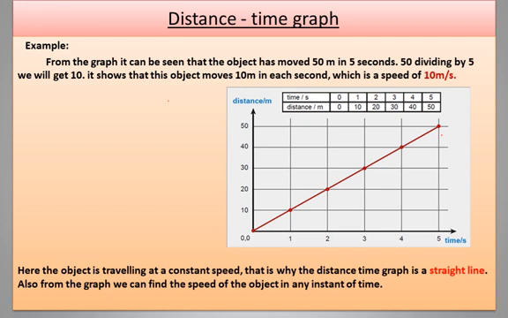So if there is any horizontal line in your graph, it shows that the object is not moving at that time, or the object is at rest. Rest means not moving. I hope you understood the graph we already know, and this is a distance time graph. That is the difference.